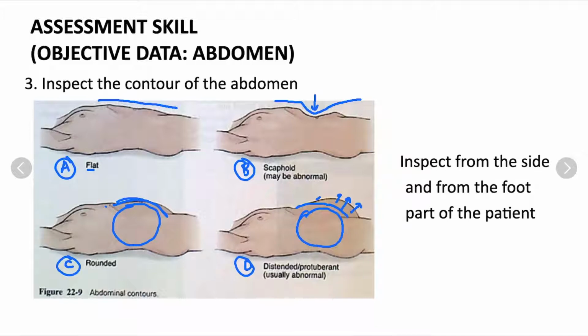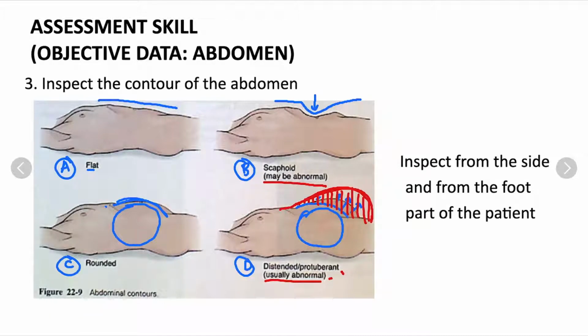Okay, so this one, distended, is usually abnormal and scaphoid is usually abnormal. Okay, so why is this abnormal? Usually these are found in super obese patients, diba? The layer of fat protrudes over.